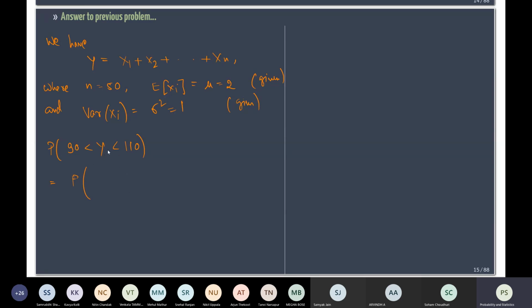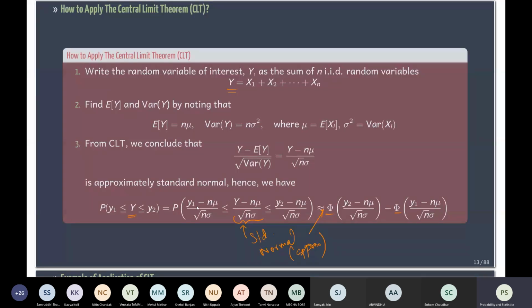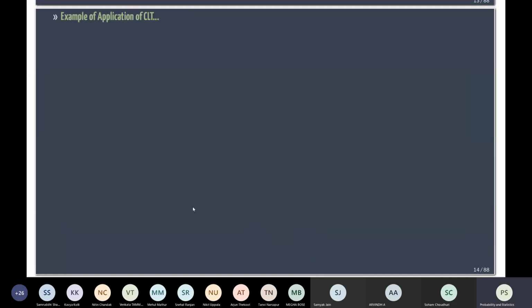So what was the formula we were given? This one, right? Y minus n times mu divided by square root of n sigma. So 90 minus 50 times 2, right? And divided by the square root of n, which is 50, square root of 50, and then sigma is 1.